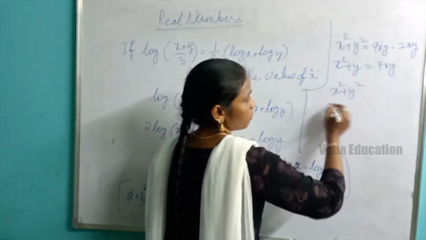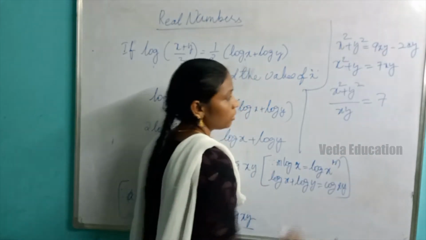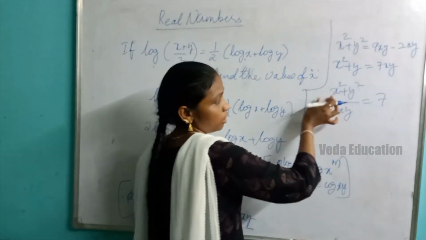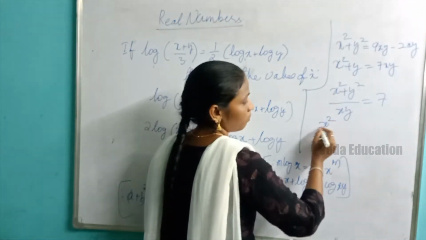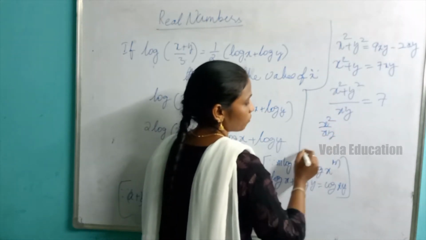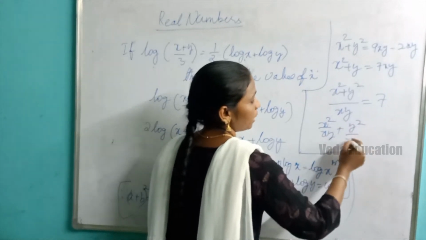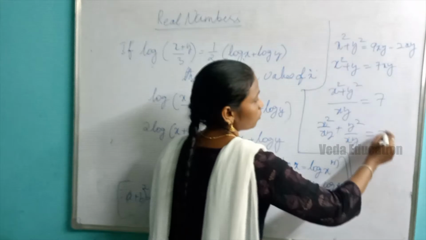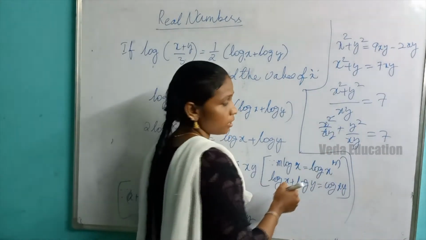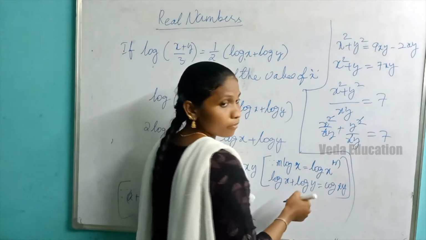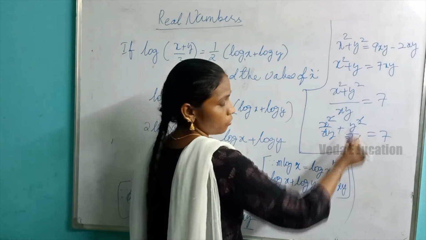Now transfer the xy to the left side. x square plus y square by xy equal to 7. Now this denominator applies to these two numerators. Split it. x square by xy plus y square by xy equal to 7. Now in this, x square, x cancels, and y square, in this we have 2 y, so 1 y we cancel.